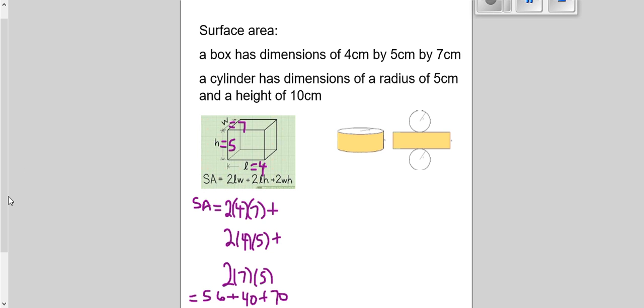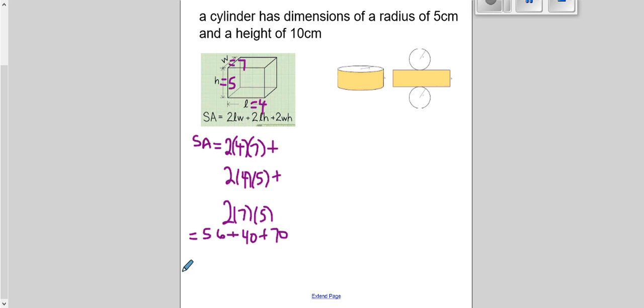Okay, now let's add those numbers up. 70 plus 40 is 110, and 110 plus 56 is going to be 166 centimeters. And it's an area, so centimeters squared. Good.